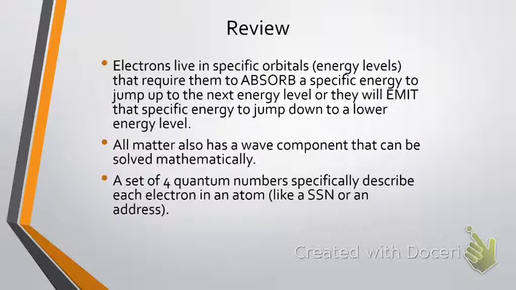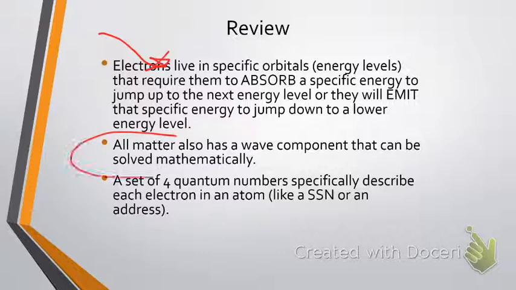Let's review what we've done in this video and with the last video. First, we've said that electrons can live in very specific orbitals. These are called energy levels, and they are required to absorb a specific energy amount if they want to jump from one energy level to the next one. Or if they're falling from one energy level to the next one below it, it will emit that specific energy.